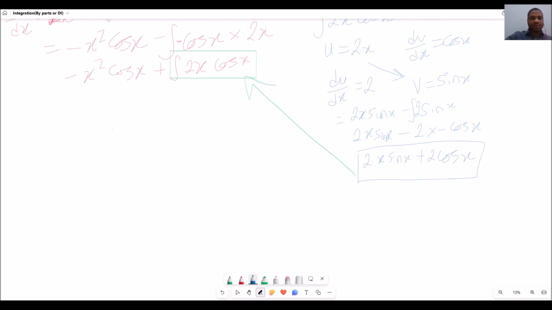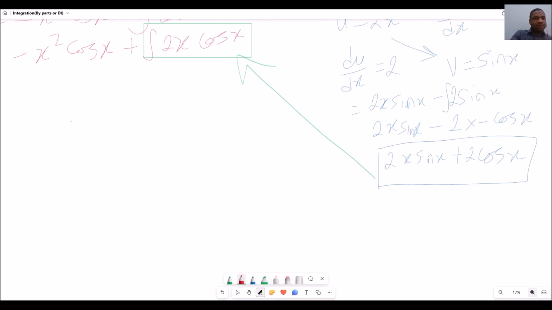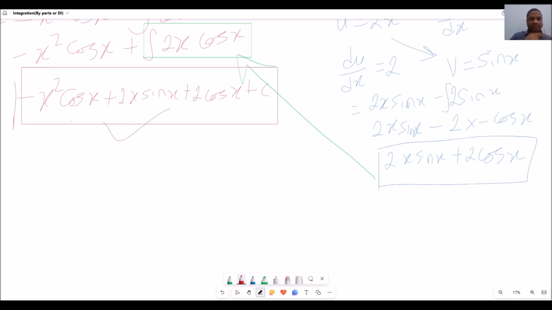So I'll get x squared, I'll get minus x squared cos x plus 2x sin x with 2 cos x plus c. So this is my answer.